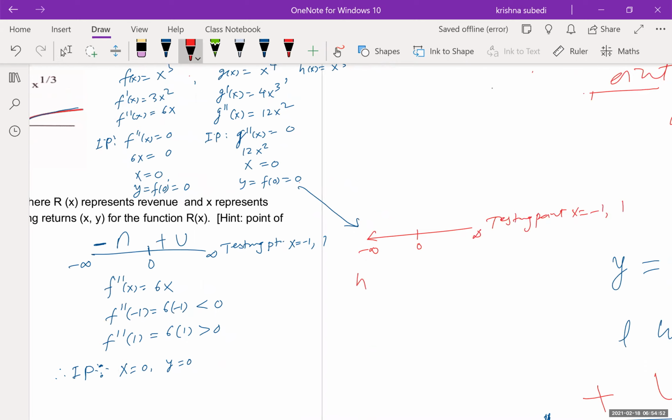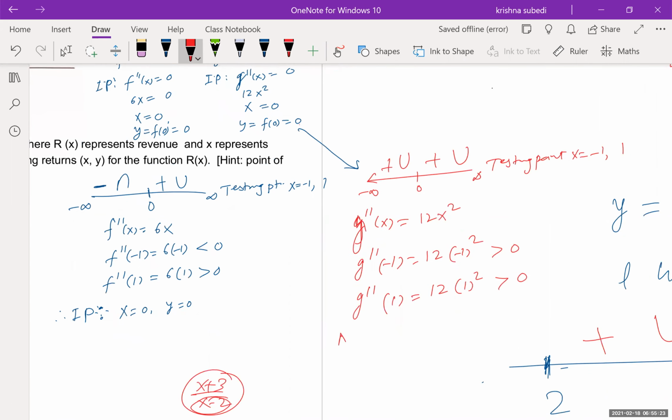The second derivative of g is 12x squared. If I put in -1, I get 12 times (-1) squared, which is positive, meaning concave up. When I plug in x equal to 1, I get 12 times 1 squared, which is also positive. So there is no sign change, so no IP.